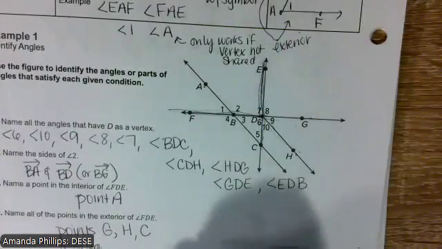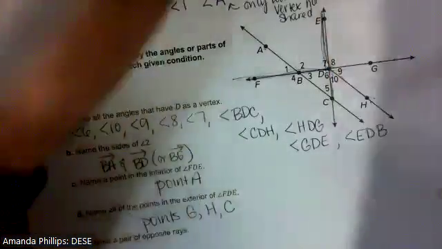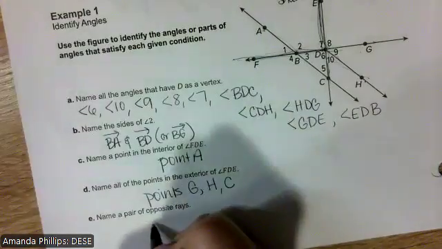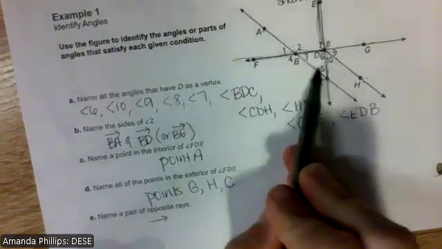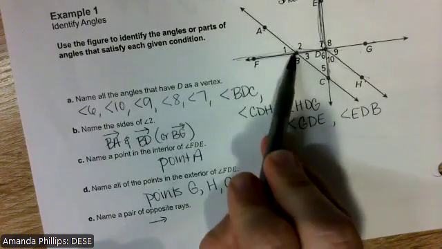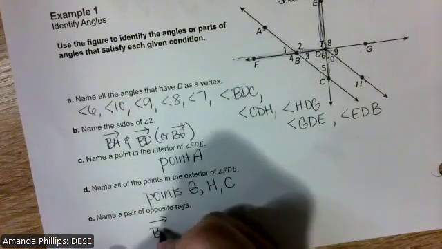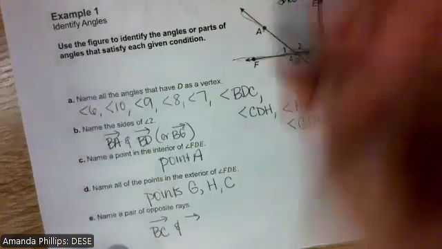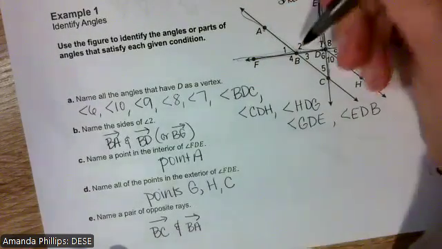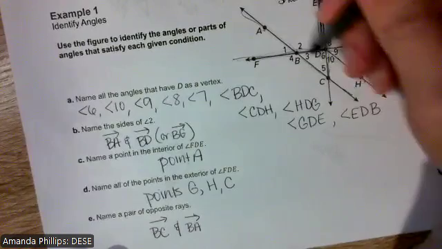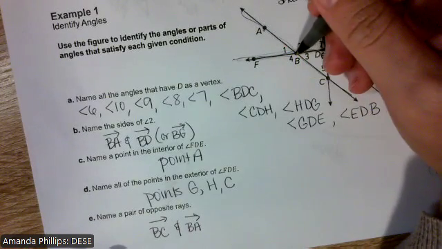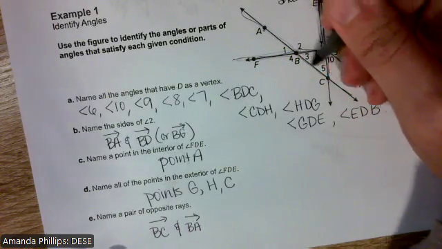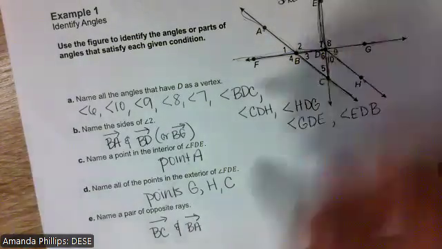The one that I'm going to pick, and again, lots of different options, is ray BC and ray BA, because together they make a straight angle, 180 degrees, and they share the common endpoint and are going in opposite directions.